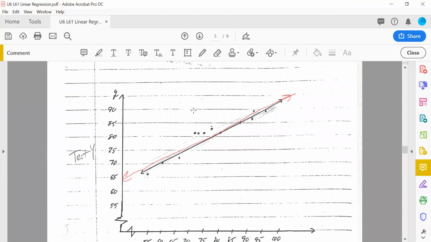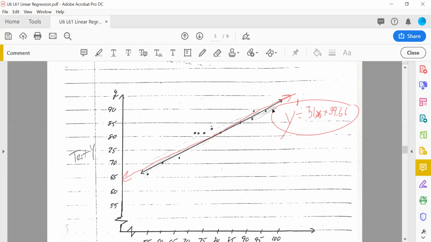So the equation of this line is y prime equals 0.51x plus 39.66. That's the equation of that red line. Now, why is it called y prime? Because it's not necessarily an equation like we normally do, where you draw the line and find the points that are on the line. Here we took a random scatter plot and drew a line that best fits it.